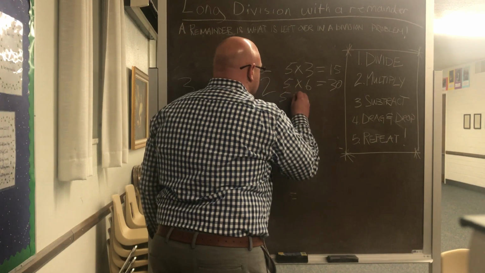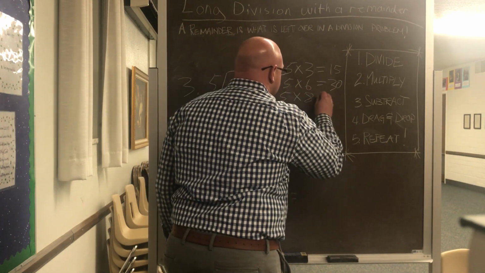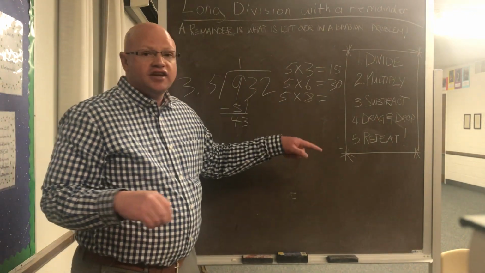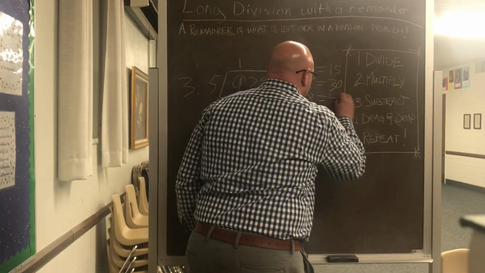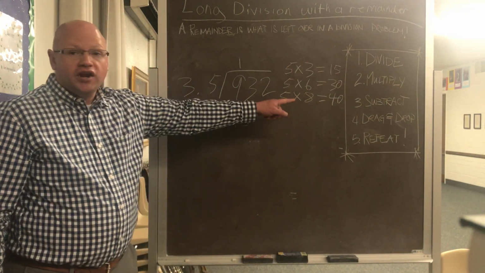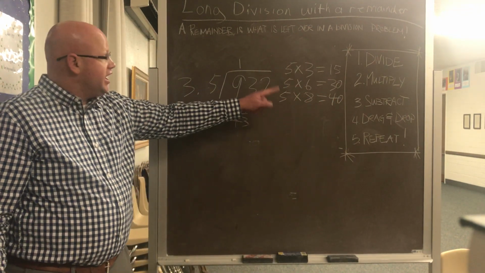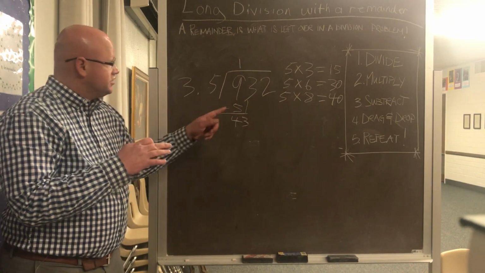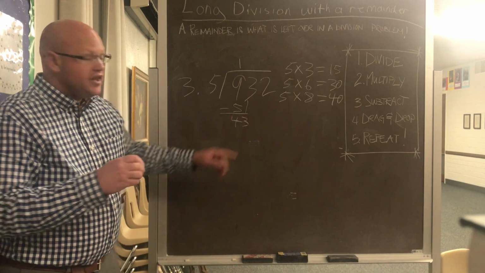5 times 8. 5 times 8 is 40. That equals 40. So 40 can go into 43, and it's the closest out of all these numbers.